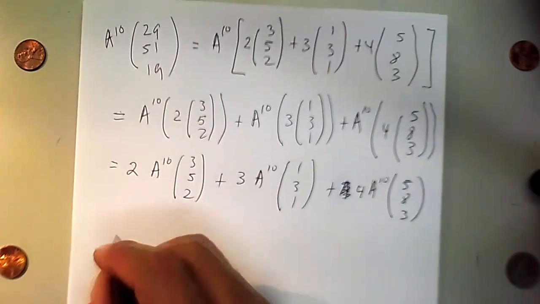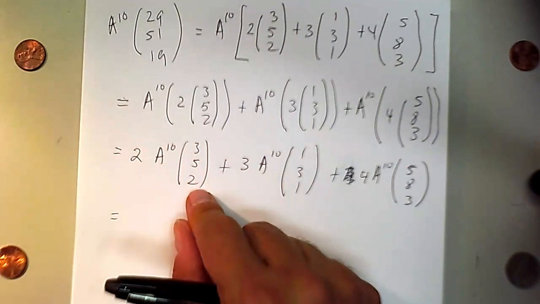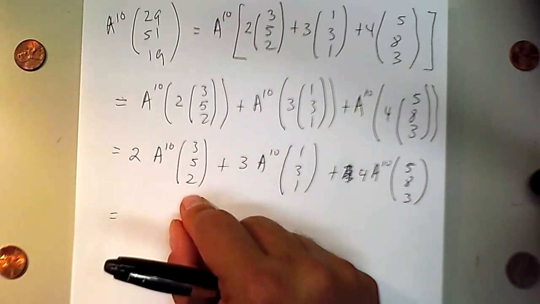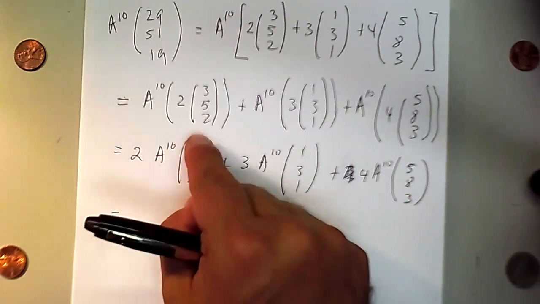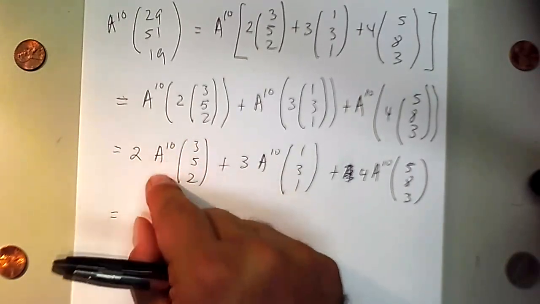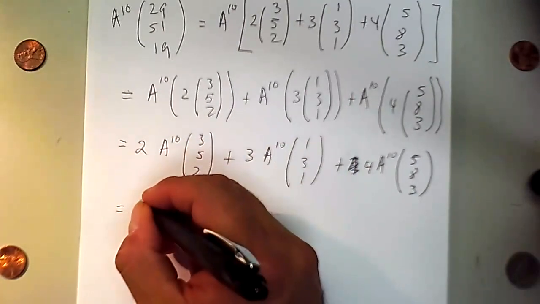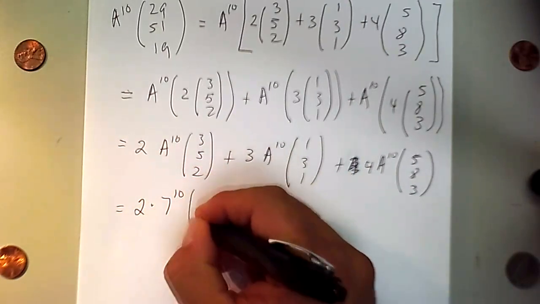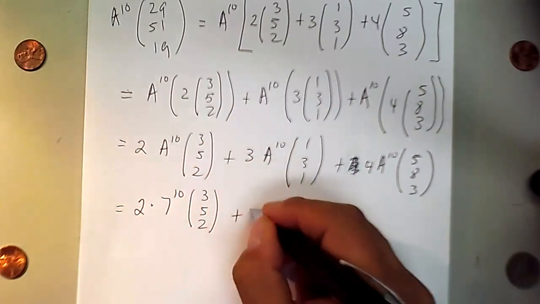Okay, now here is the magic. This is the eigenvector corresponding to 7. So we are supposed to get this times 7, times 7, times 7, 10 times. So here's where the magic happens. 2 times 7 to the 10 times (3, 5, 2), plus 3 times.